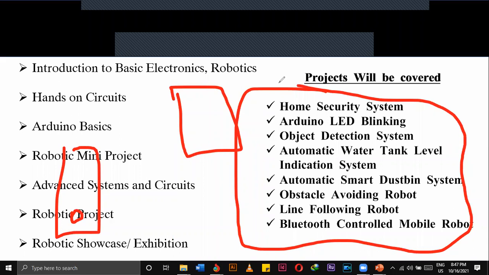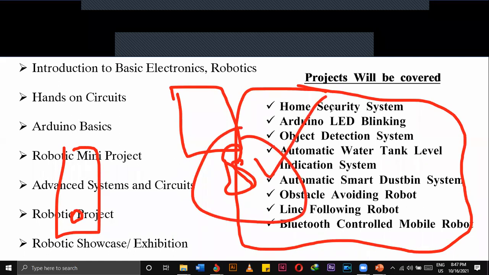But it is not limited to these projects only. If I show only 2, 4, 6, 8 projects, you can do a ton of projects. I will just explain one template, one sensor template, how we can make one particular circuit. By learning that circuit, you can make several circuits.